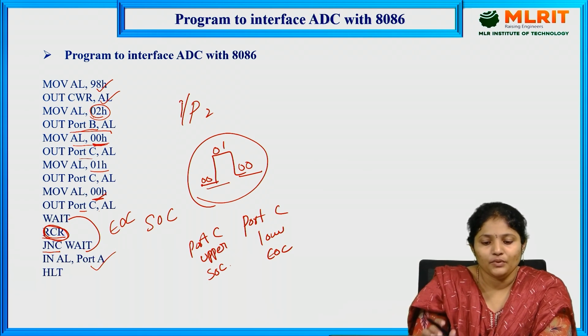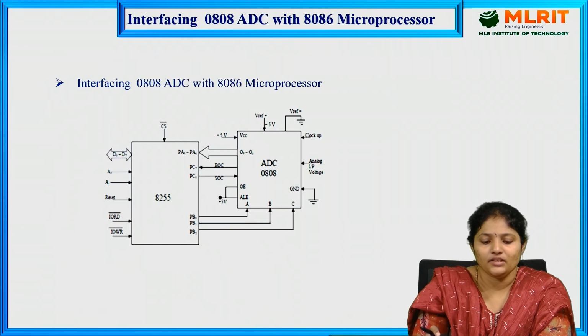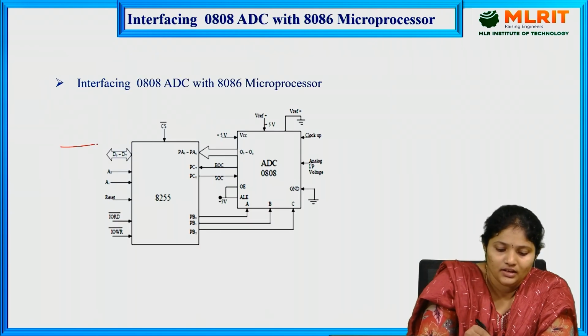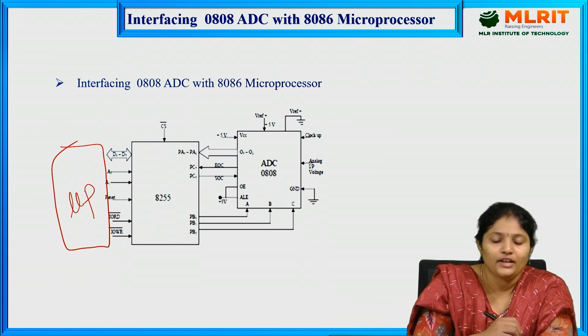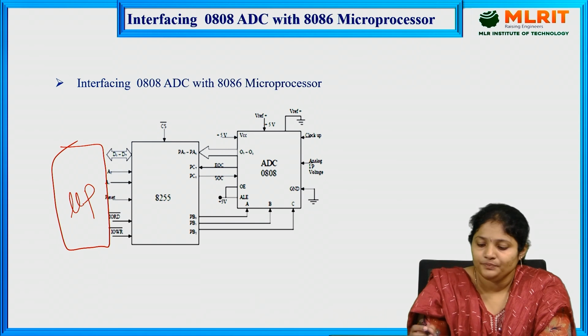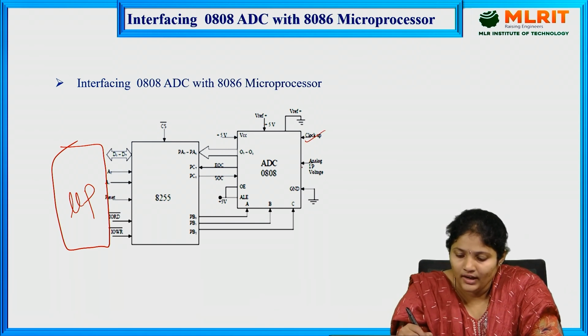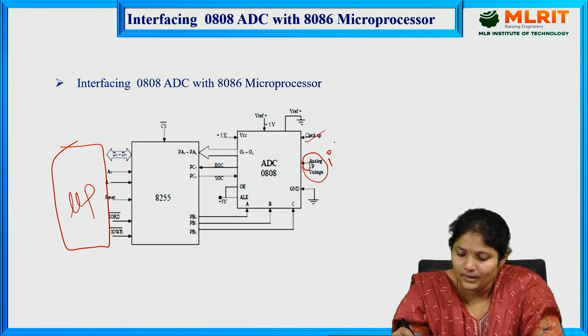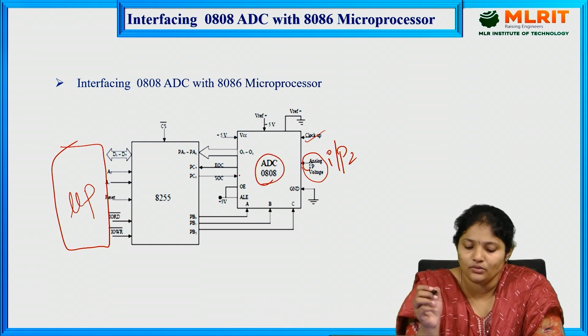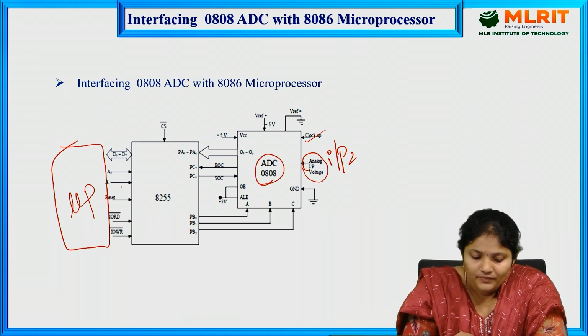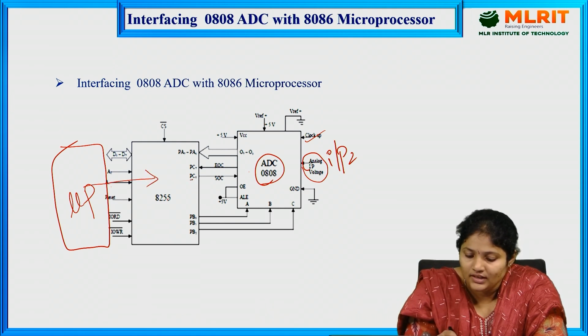This is the program to interface an ADC with the 8086 microprocessor, and this is the interfacing circuit. Here is the 8255, here is the microprocessor, and this is the clock. Here we apply the analog input voltage to the 0808, which will convert it. First, the microprocessor sends information to the 8255 to send the SOC signal to the ADC.